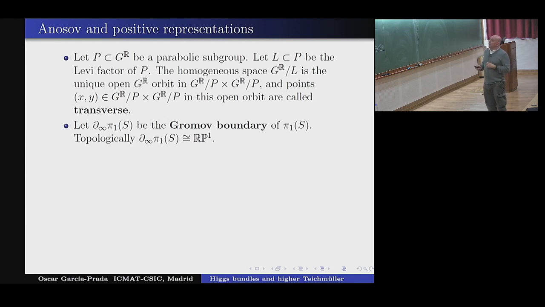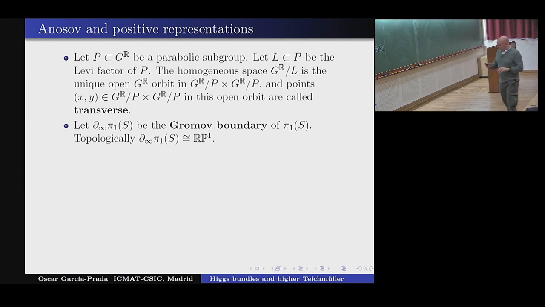It is built upon, for a real group G_R, a choice of parabolic subgroup P, and then you have the Levi factor L of P. And here there is a homogeneous space G_R/L, which is the unique open orbit in the product of these two flag varieties, consisting of pairs that are called transverse, right? Okay, let's keep that for a moment.